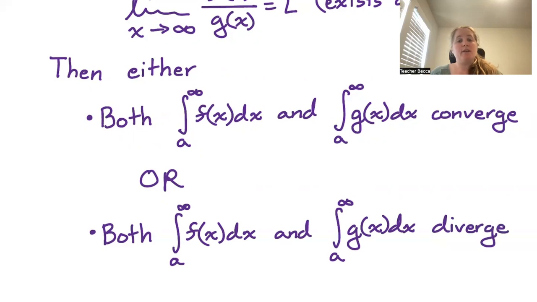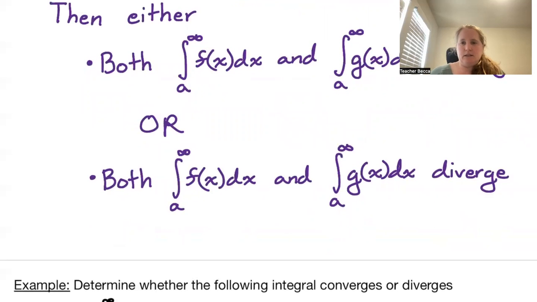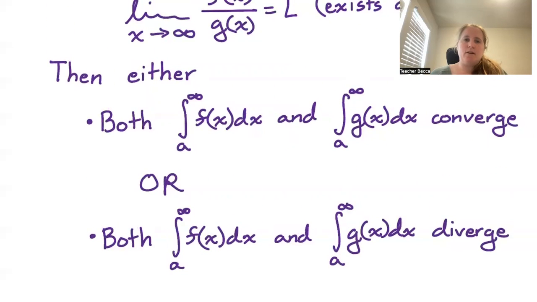So if we can find a function that behaves essentially in the same manner at the end, up to a scalar multiple, then the improper integral either converges just like the other or they both diverge.